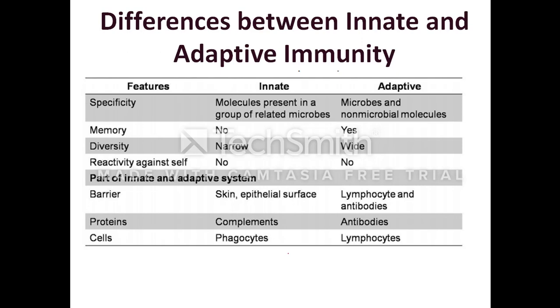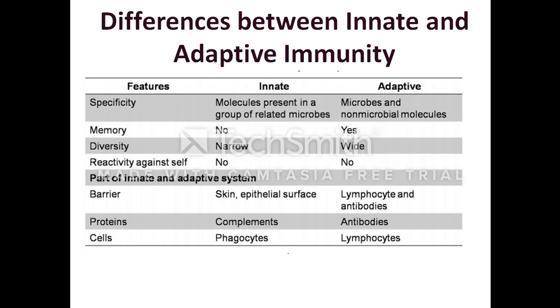Now we'll see the differences between innate and adaptive immunity. Adaptive immunity is also termed acquired immunity. When we take up specificity, innate immunity gets activated by molecules present on groups of related microbes recognized by the host cells.